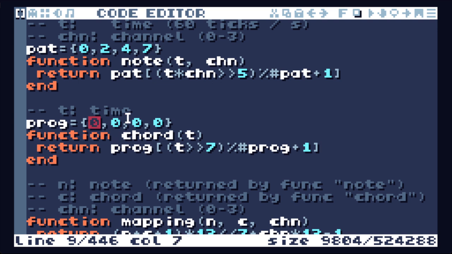For example, we can start from D, and that will give us a minor chord. So we can go D minor, D minor, C major, C major.